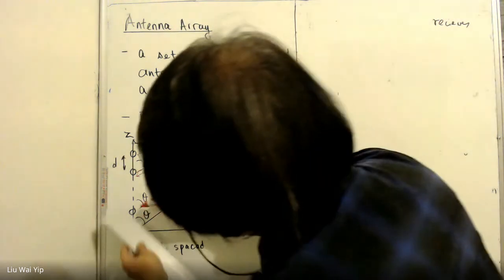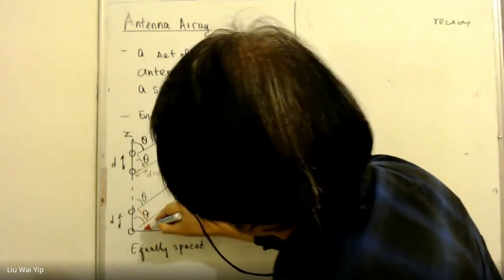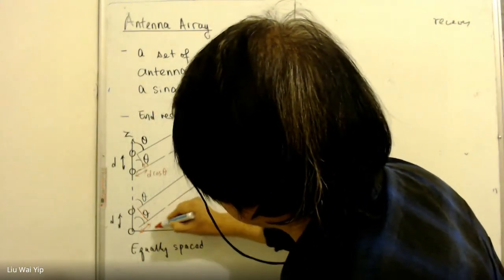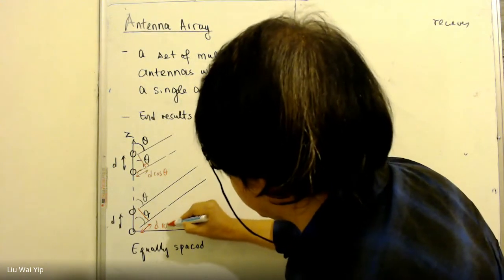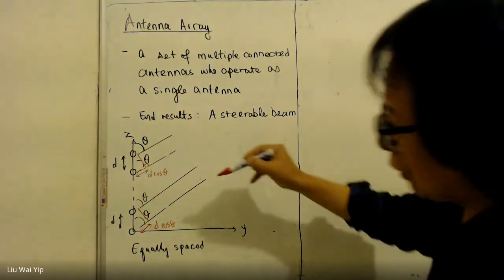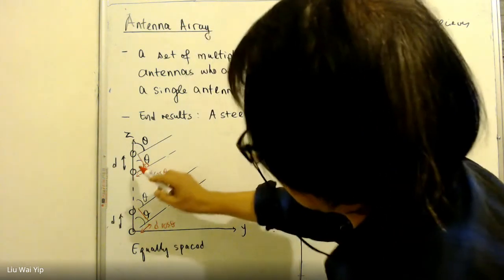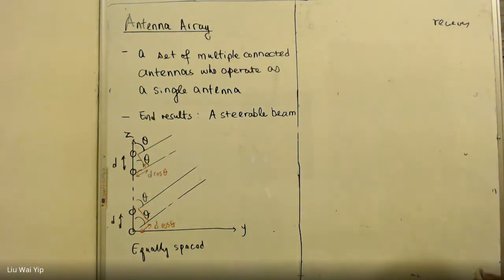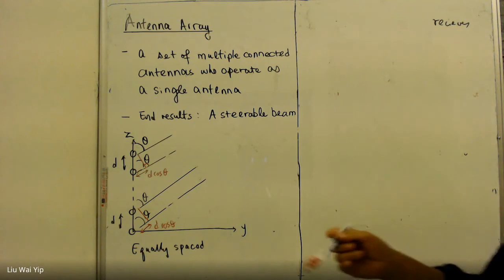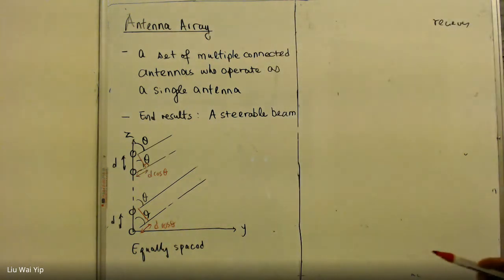In this case, this one, we also end up with a path difference here. And obviously, the second one and the third one will also have a path difference, d cosine theta.